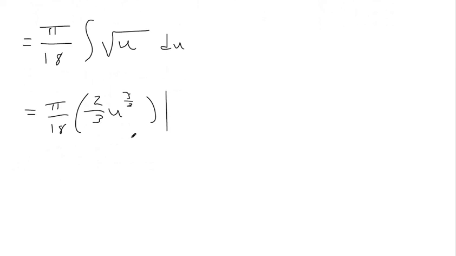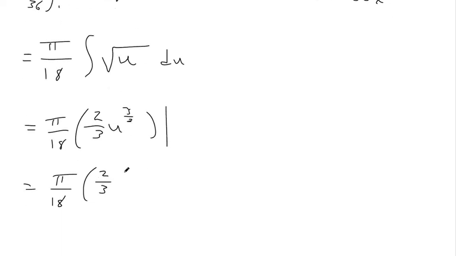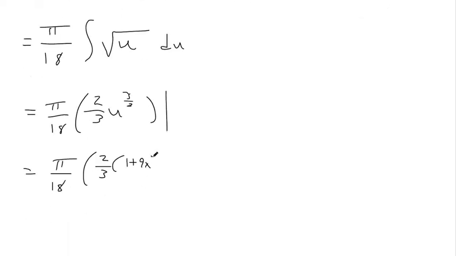And then limits of integration, but the limits of integration were in terms of x. So we've got 2/3, and then 1 plus 9x to the fourth, all raised to the 3/2 power. And then the limits of integration are 1 to 6.